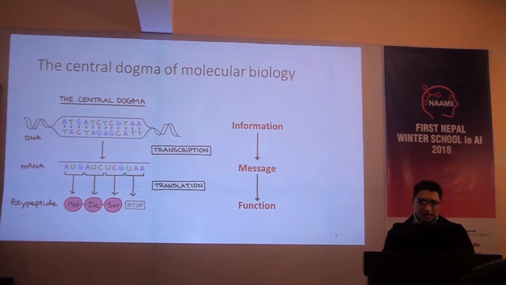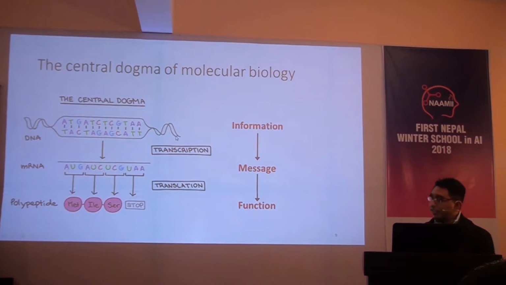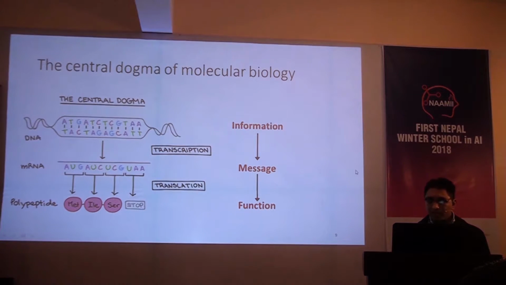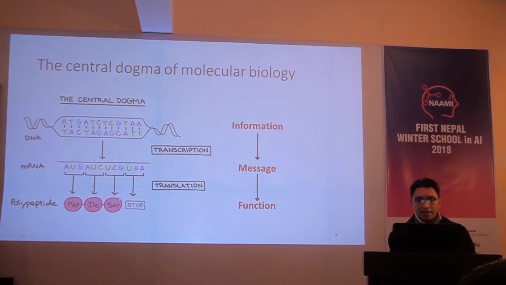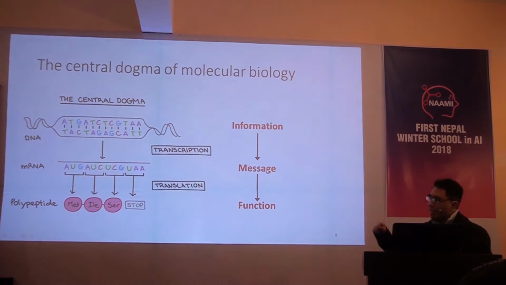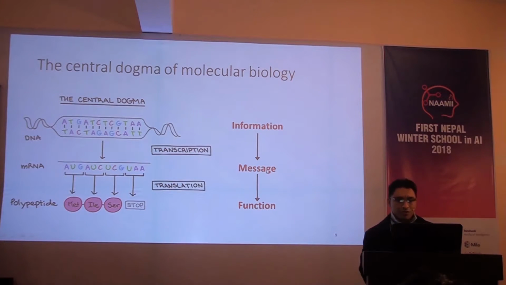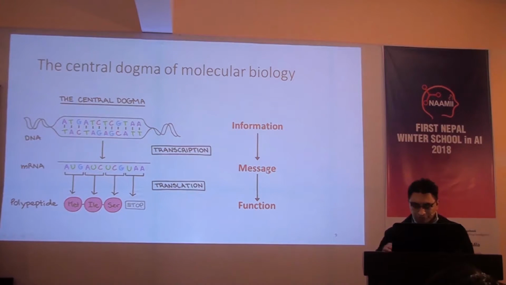As I just said, the information present in DNA is transcribed in the form of RNA, which carries the message, and this message then turns into protein, which carries out a particular function. All this DNA, RNA, and protein, you can think of as different combinations of molecules, a long text of strings.